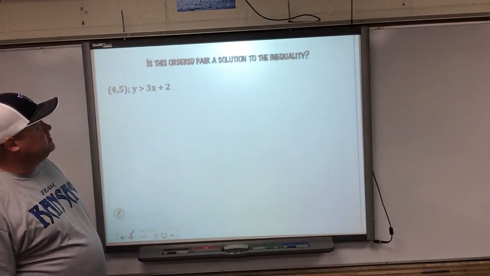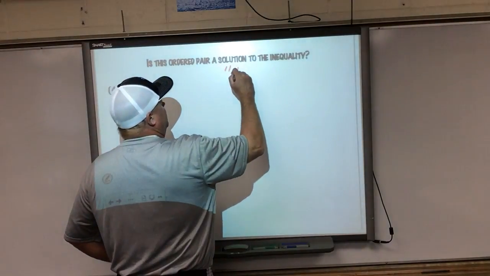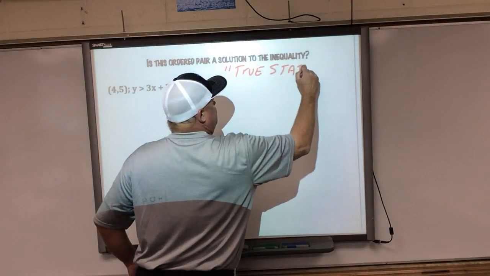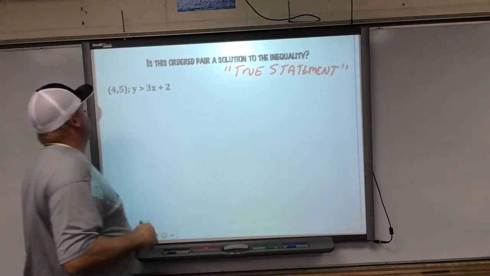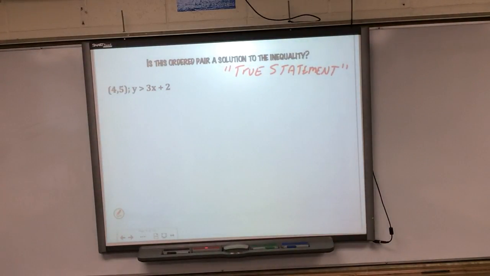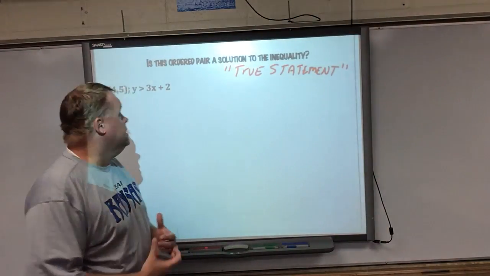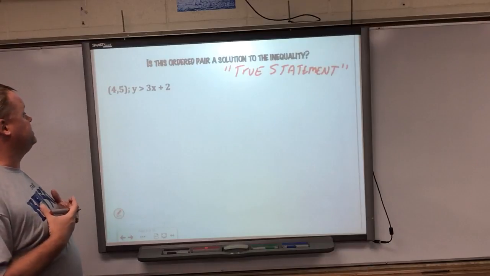Is this ordered pair a solution to the inequality? So once again, is it a true statement? Okay, that's what we want. All right, so this time I don't have a graph, so I can't just graph it, okay? So what I want to do is plug it in and see if it's a true statement.